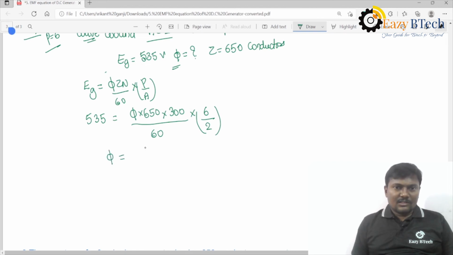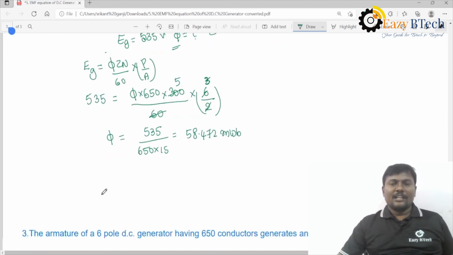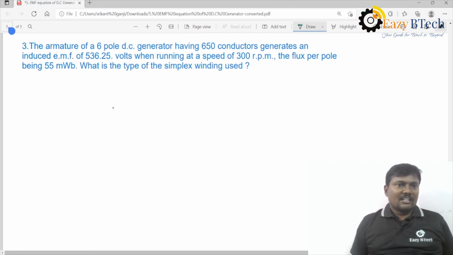Remember one thing: for wave winding the number of parallel paths is 2, for lap winding the number of parallel paths is equal to the number of poles. So phi is equal to 535 divided by 650 into 15, and that value is 58.472 milliweber.